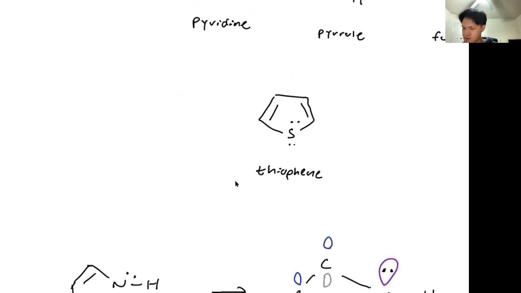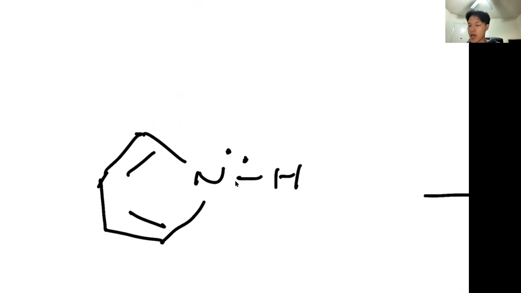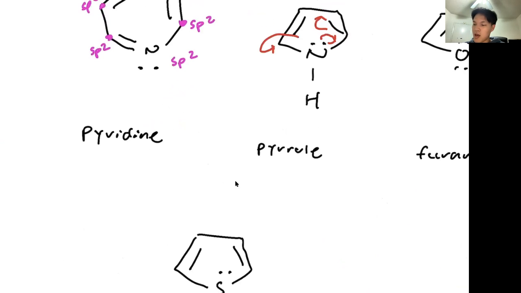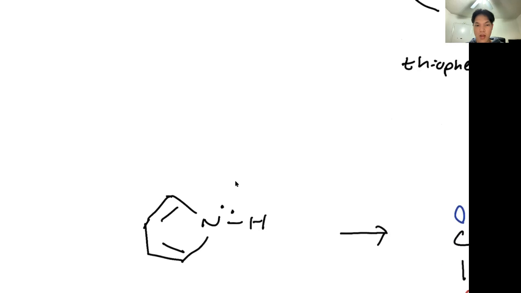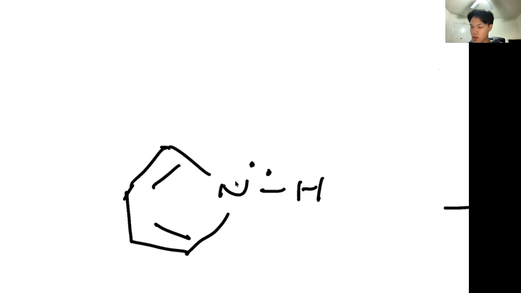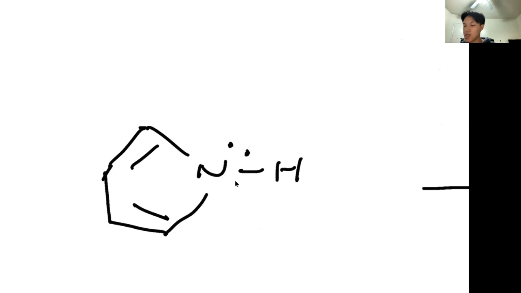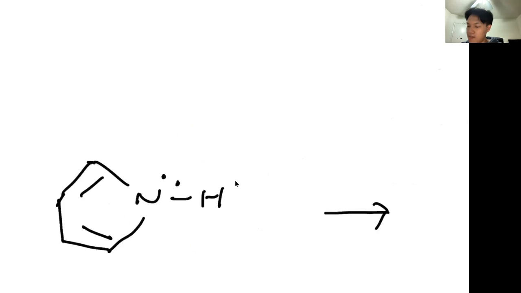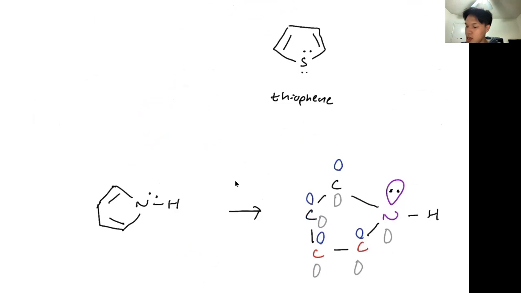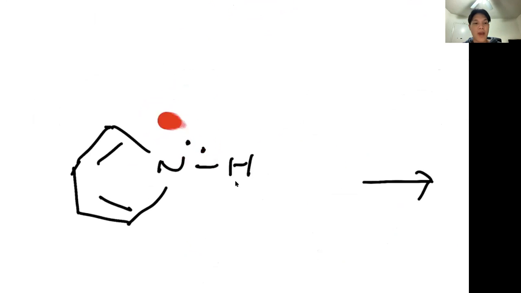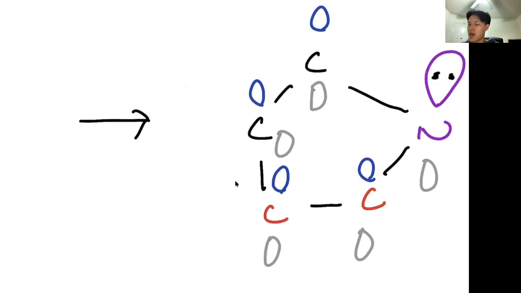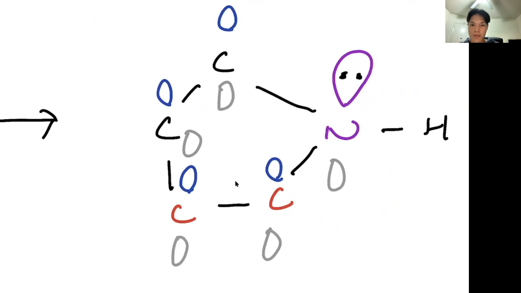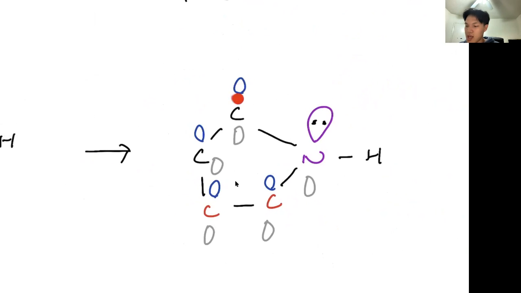Okay, so let's take a closer look at this, pyrrole here. 1, 2, 3, 4, yeah, 5. This is pyrrole here. So why are those double bonds participating in aromaticity here? Okay, so let's draw this atom in a 3D conformation where you see that these are pi bonds here, right?